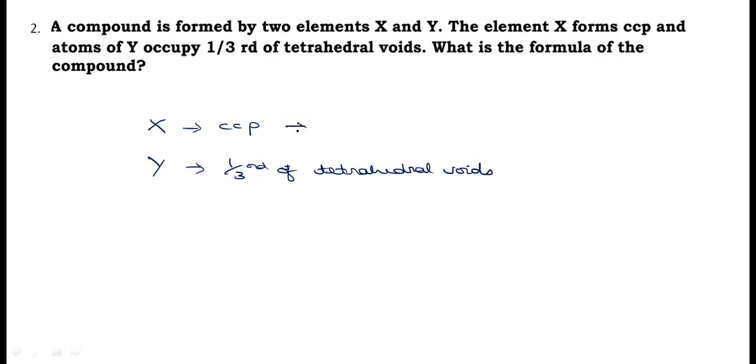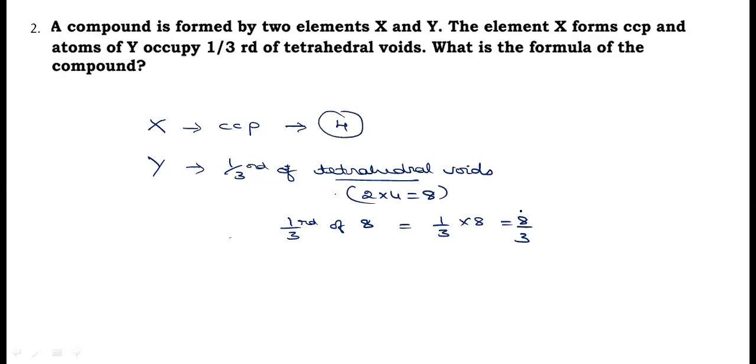As it is forming CCP, its value is 4. So 1/3 of tetrahedral means, the total number of tetrahedral voids will be 2 into 4, that is equal to 8. Now 1/3 of 8 will be equal to 1/3 into 8, or 8/3.